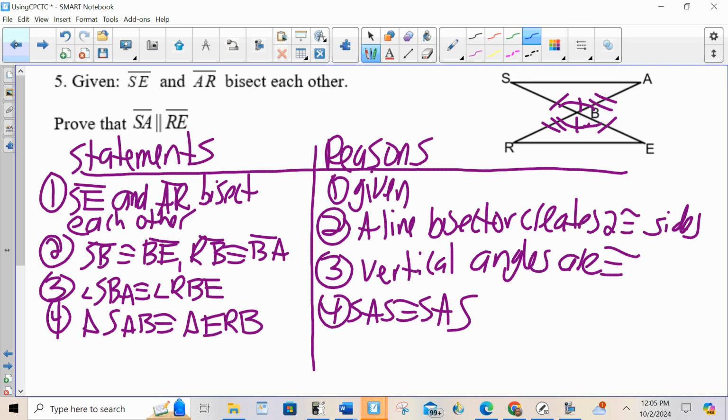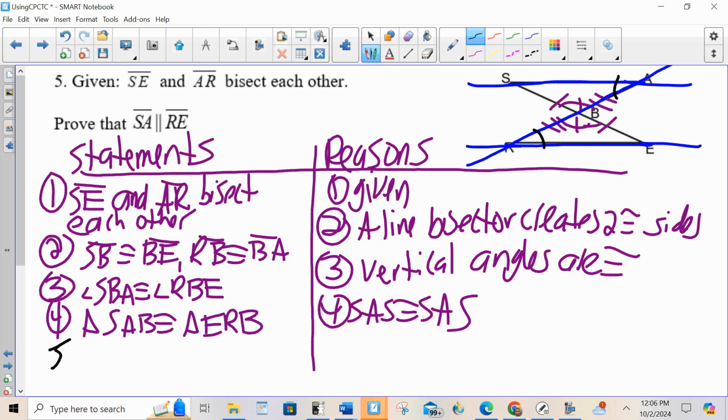So, now that I have the triangles congruent, in order for these lines to be parallel, I need either congruent alternate interior, congruent alternate exterior, or congruent corresponding angles. As we spoke about, extend, extend, extend. I don't have anything right now, but if those triangles are congruent, I'm looking for alternate interior, alternate exterior, or corresponding angles that are inside those triangles. And I see them right there.